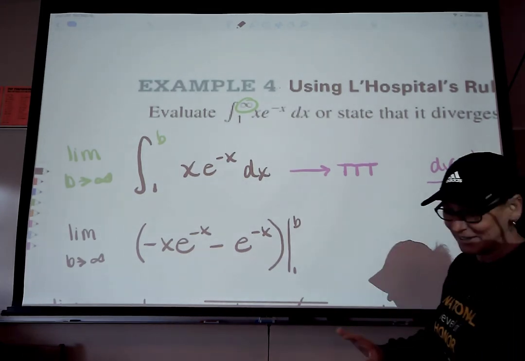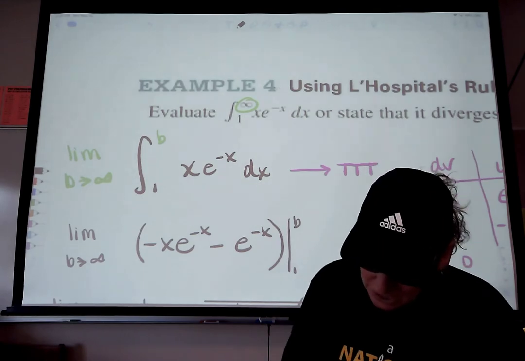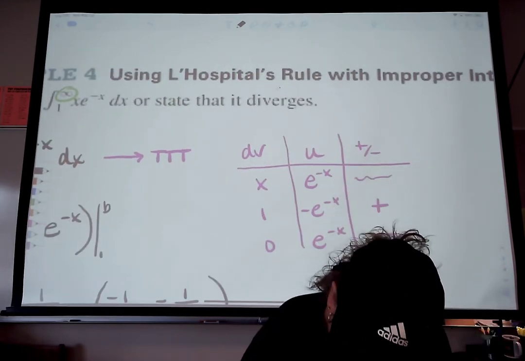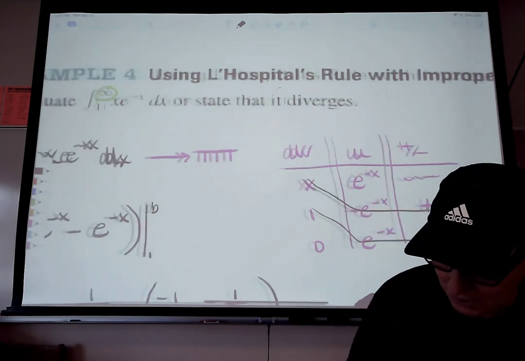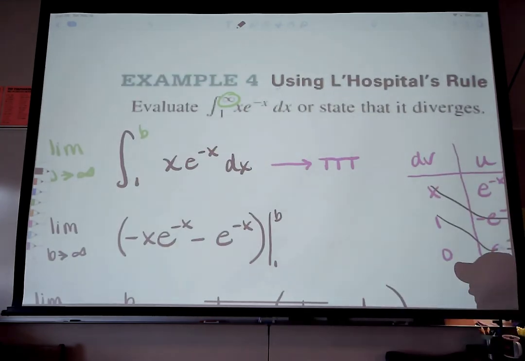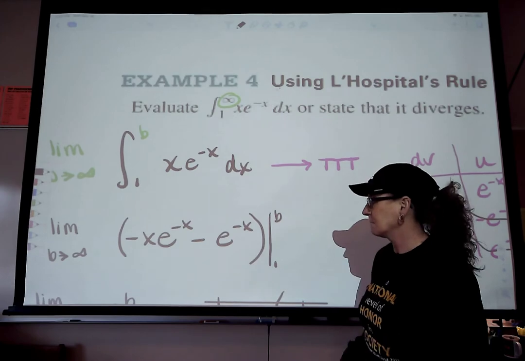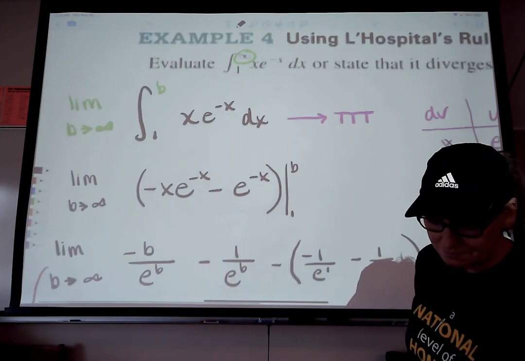Oh, no. I was like, oh my gosh, I did this wrong. No, I didn't. I did the little tic-tac-toe thing. There we go. And that's what I wrote from here to here. Subbed them in.